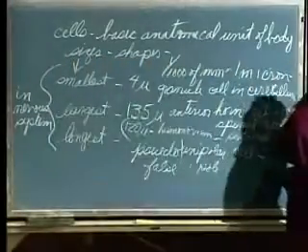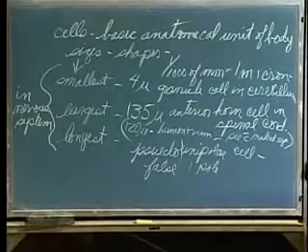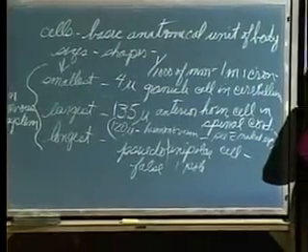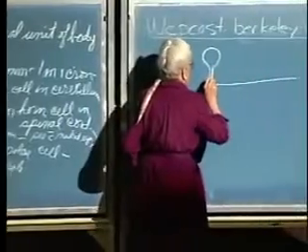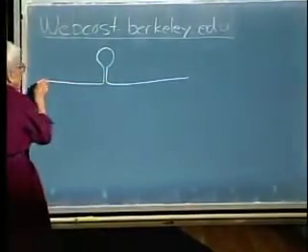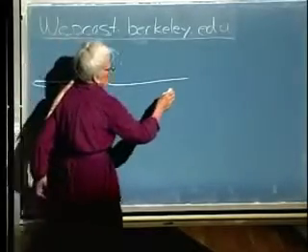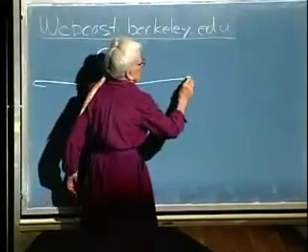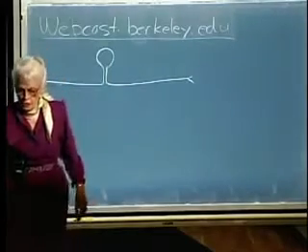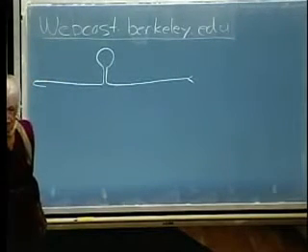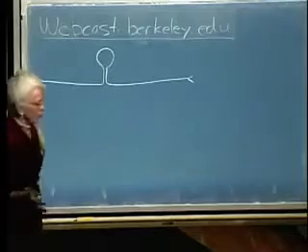Well, this cell is going to have a process coming into the cell. Here's the cell body. And then the process going out. So let's say that the end of this cell is in your big toe. Think of your big toe. Can you see it down there? Don't look at it. You know it's there, don't you? All right?